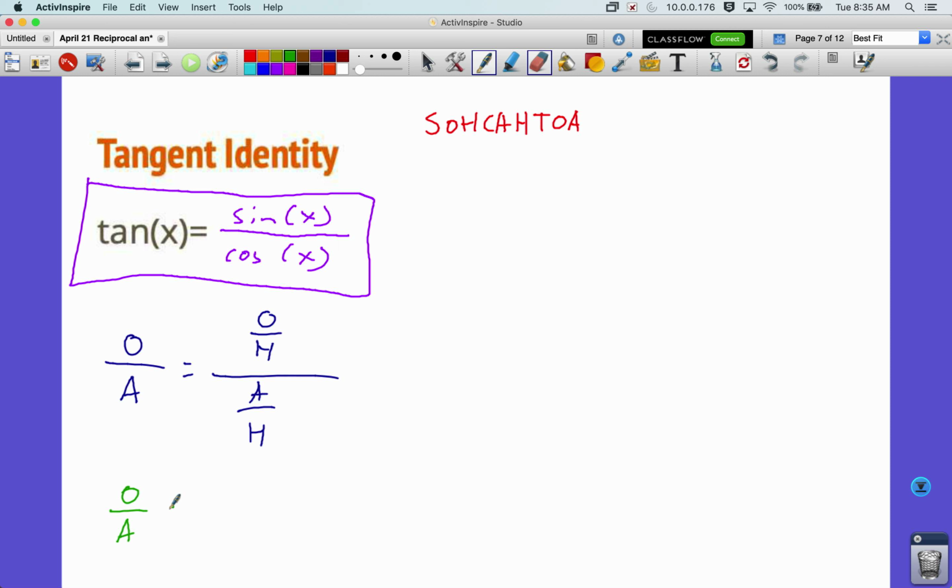So opposite over adjacent equals O over H times H over A. Copy dot flop. All right, now I can cancel the H's, and I get O over A equals O over A. And I don't think anyone's gonna argue that this isn't true. That's just our definition of equality. So that proves that this is true. Tangent equals sine over cosine. Use this one almost every time you see a tangent. You want to replace it with sine over cosine.